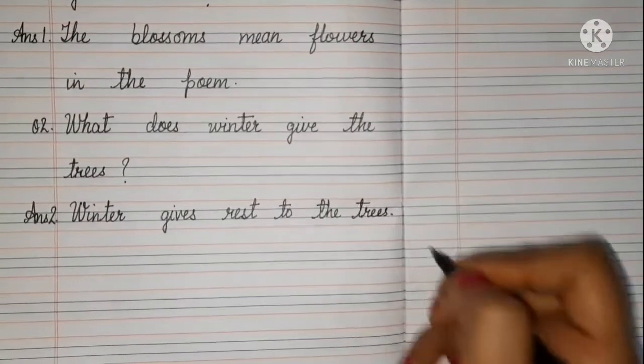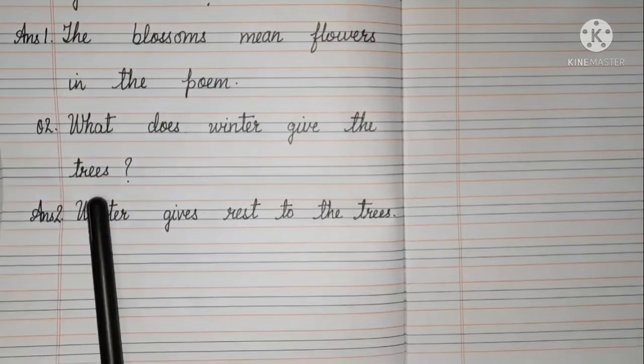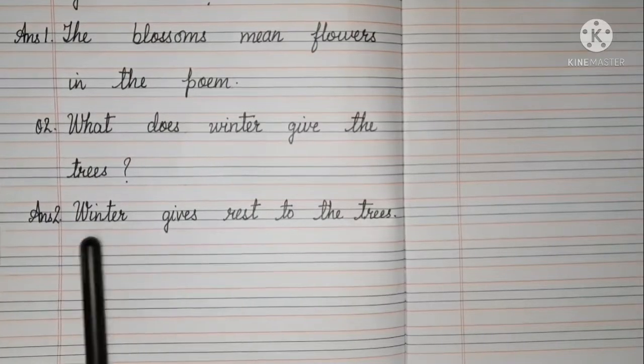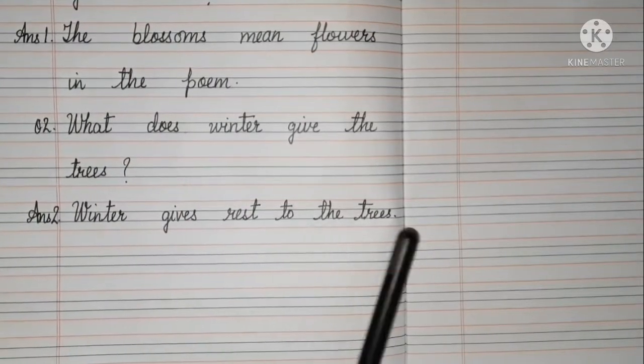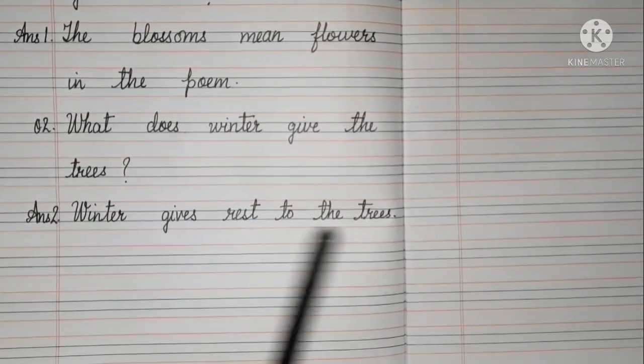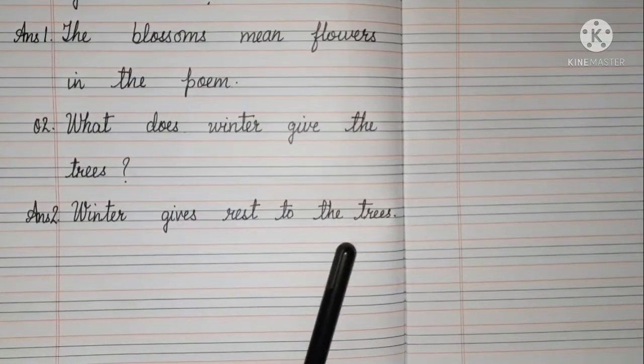So children, the question is, what does winter give the trees? Answer is, winter gives rest to the trees.